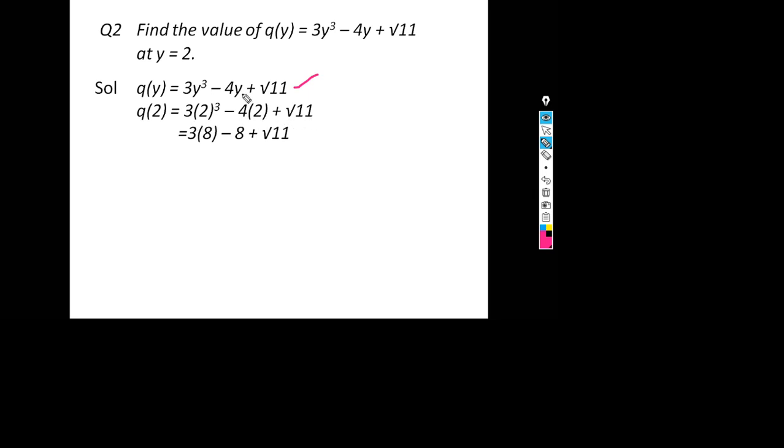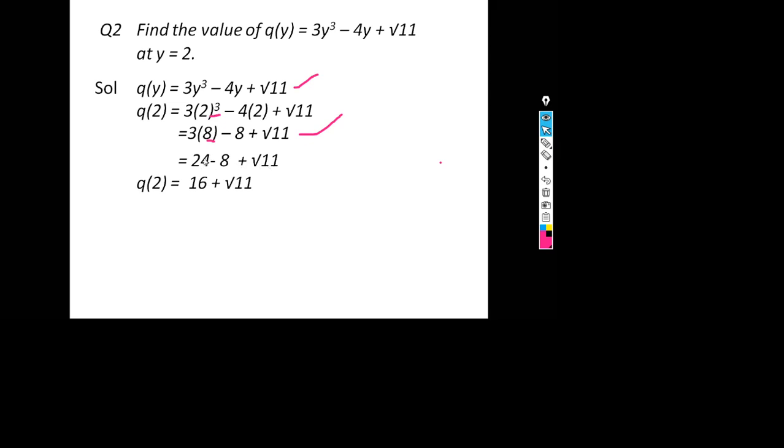By solving this, you know that 2 cubed gives us 8, and 4 into 2 is 8, with root 11 as such. In the next step, we get 8 into 3, that is 24, and 24 minus 8 plus root 11.